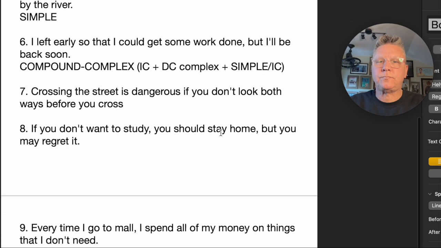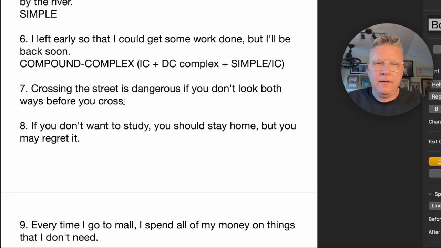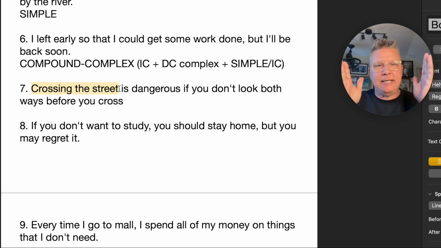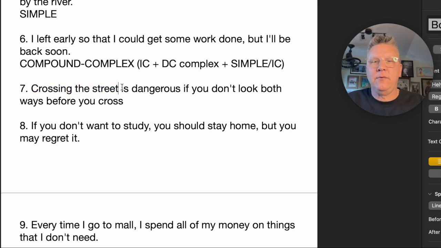Okay. Next one. Crossing the street is dangerous if you don't look both ways before you cross. Crossing the street, this is what gets weird for people. That isn't a concept, it's a noun. So there's your subject, verb is with an adjective. You cross is a subject verb as well, but before is a subordinating conjunction.